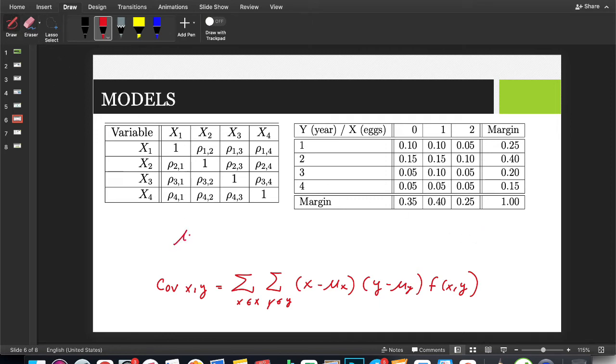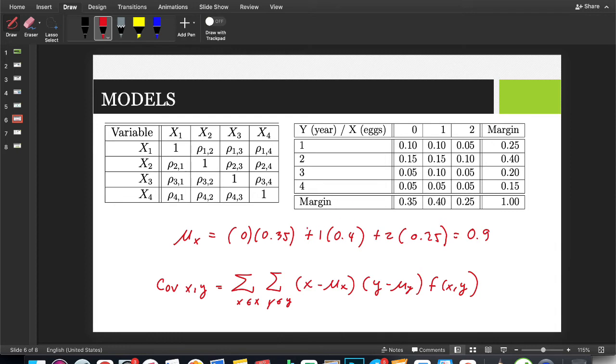So mu sub x is simply equal to 0 times 0.35 plus 1 times 0.4 plus 2 times 0.25, and that is equal to 0.9.